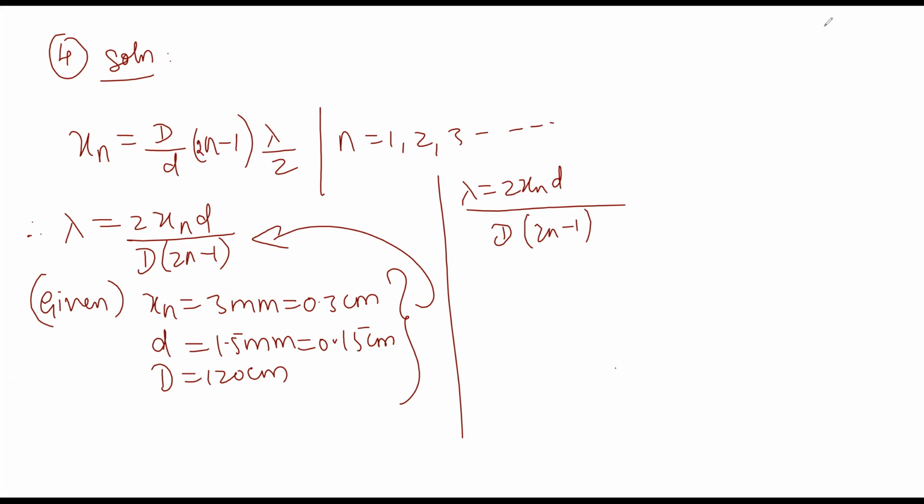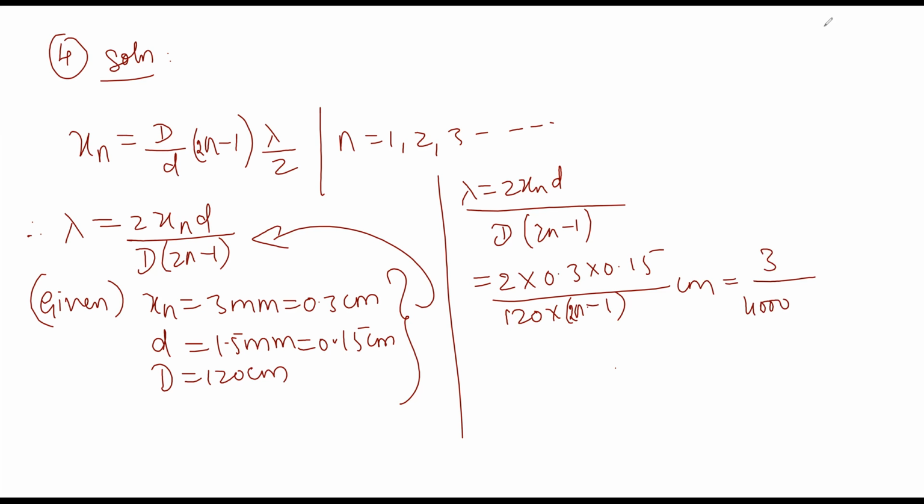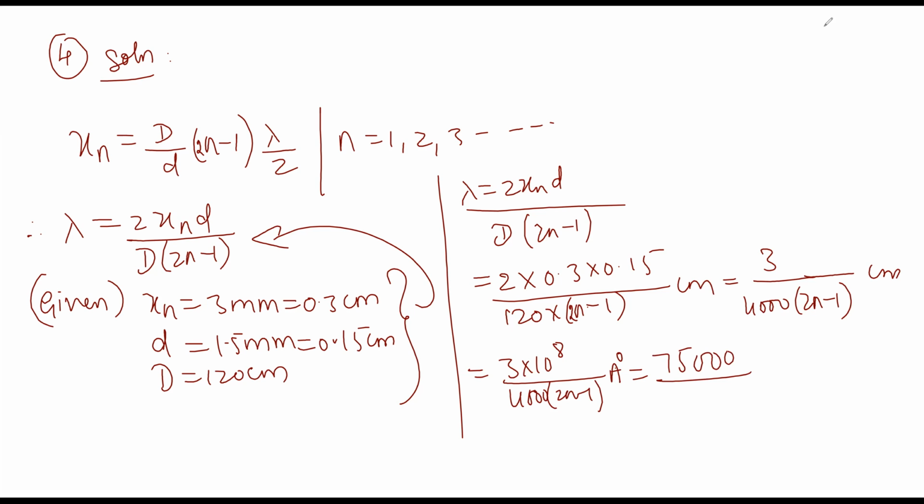Substituting the formula: 2 into 0.3 into 0.15 divided by 120 into (2n minus 1), in centimeters. Simplifying, we get 3 divided by 4000 into (2n minus 1) centimeters. In angstrom, that is 3 into 10 to the power of 8 divided by 4000 into (2n minus 1), which is 75,000 divided by (2n minus 1) angstrom.